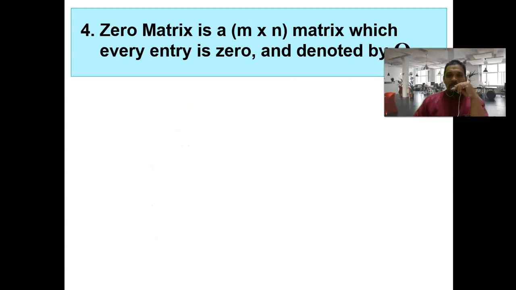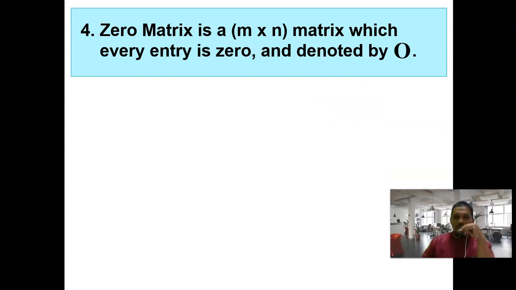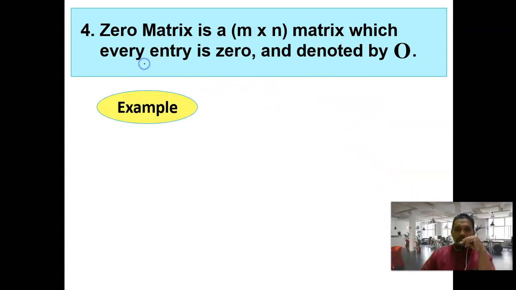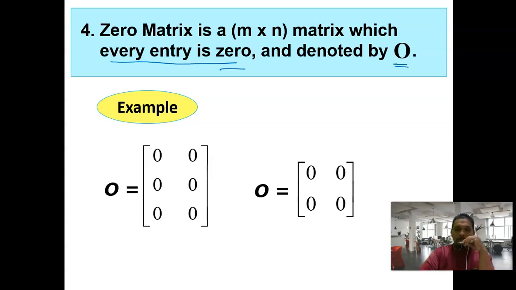A zero matrix is an m times n matrix in which every entry is 0, denoted by a capital letter O or a big zero. It doesn't matter about the size. The only thing is that every entry, 1, 2, 3, 4, 5, 6, is zero, and also here, 1, 2, 3, 4, all zeros.